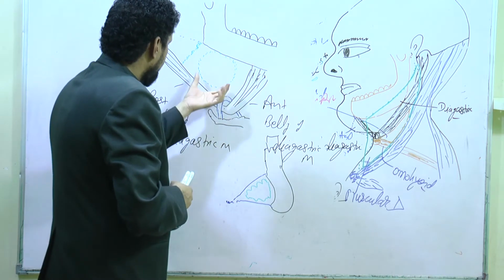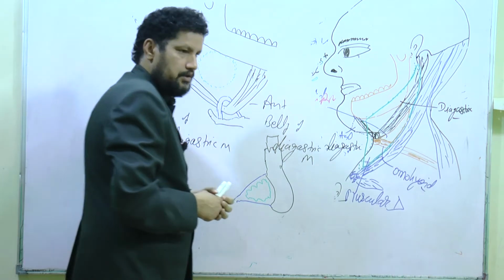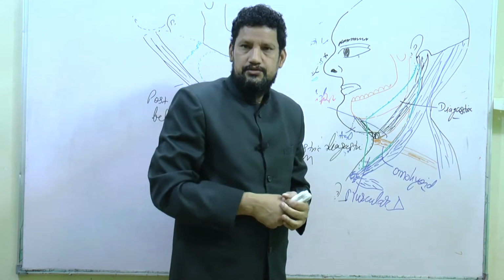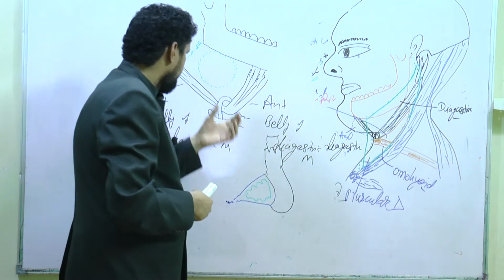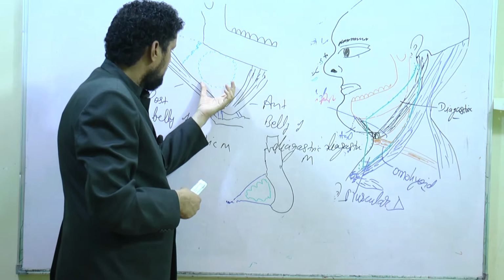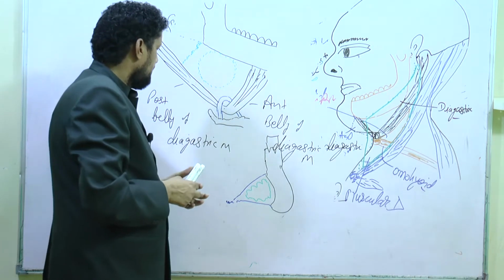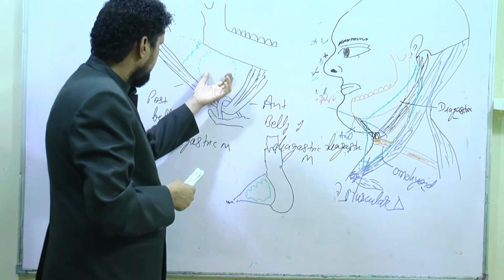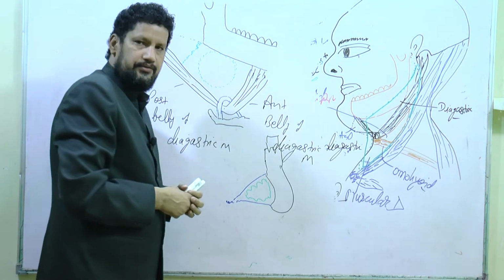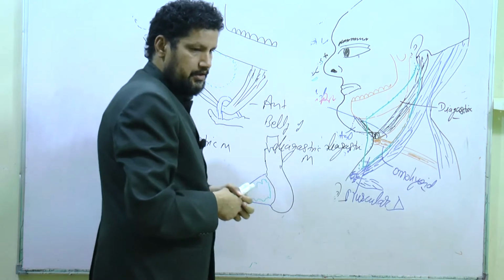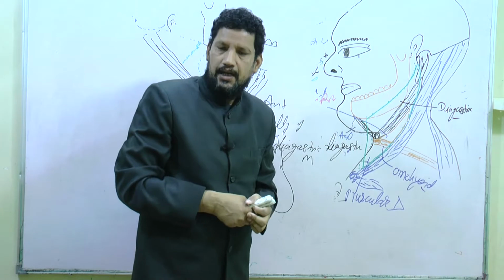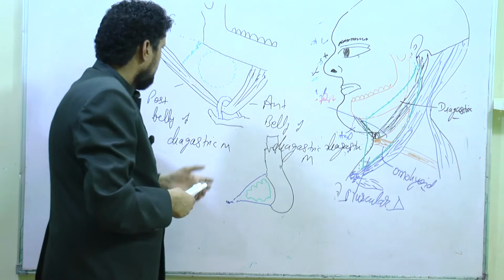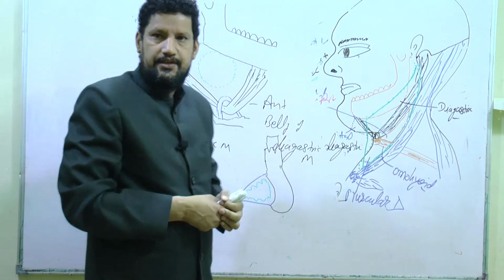This part is having some other structures also. The wedge-shaped submandibular fossa and the digastric triangle are having the superficial part of the submandibular salivary gland, and it is also having the facial artery.